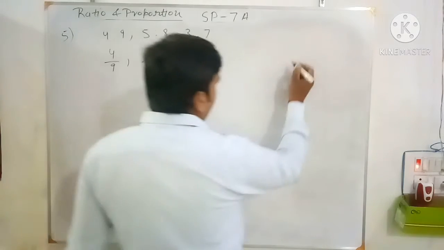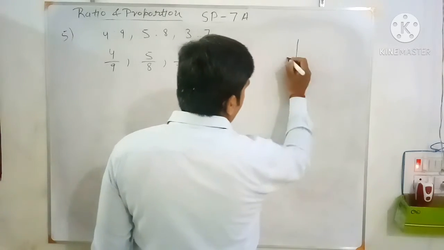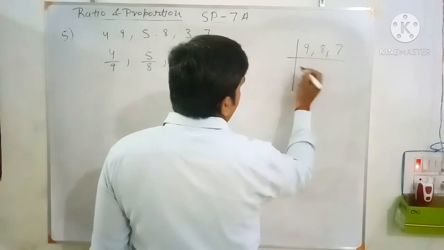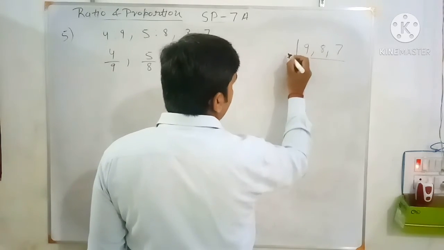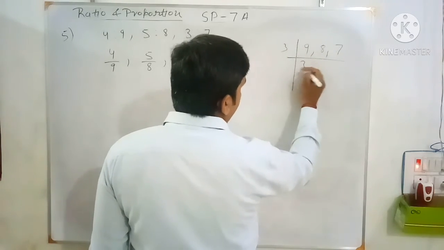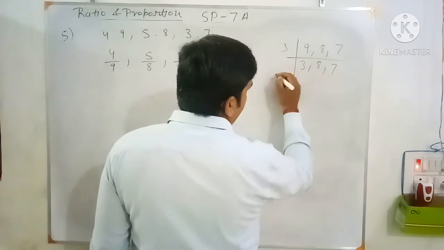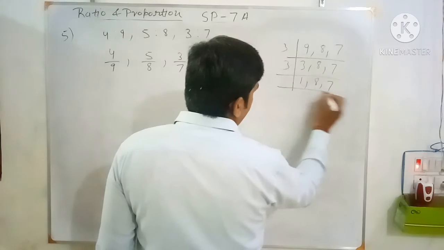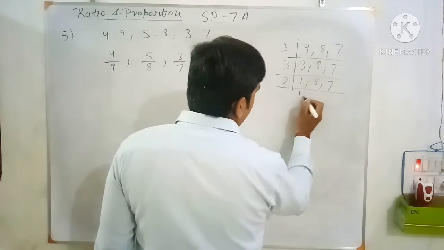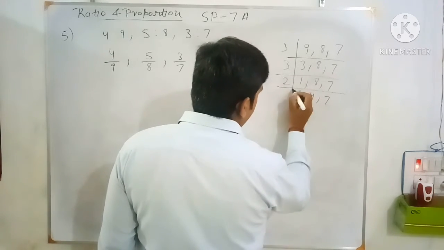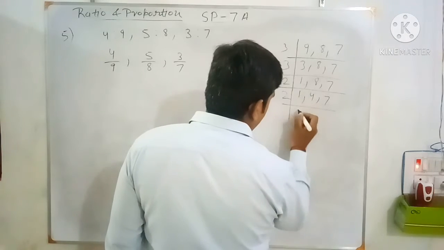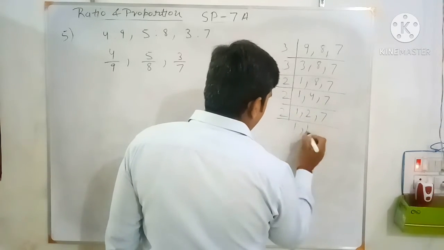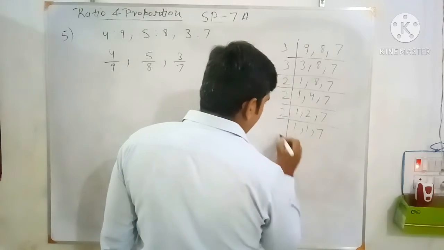Now we calculate the LCM of 9, 8, 7. See, 3 3s are 9, 3 1s are 3, 2 4s are 8, 2 2s are 4, 2 1s are 2.